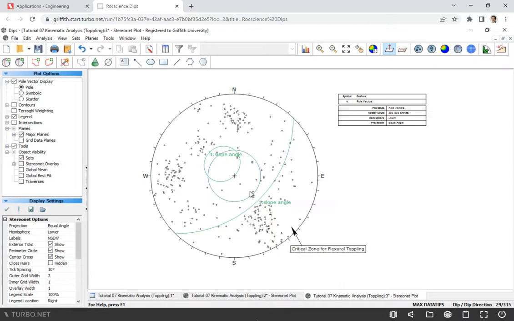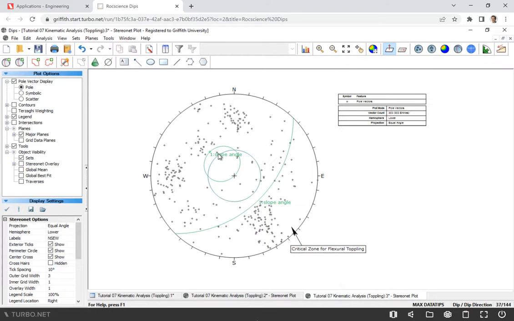So we need to see how many points are outside the circle, and that's so many, but at the same time we also need to see which planes daylight, so that should be within this other circle. What we have is only this small area, and that gives us planes that can result in planar failure. You see, it's only one.